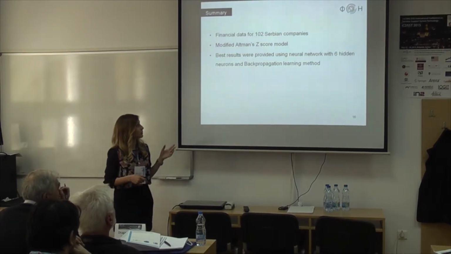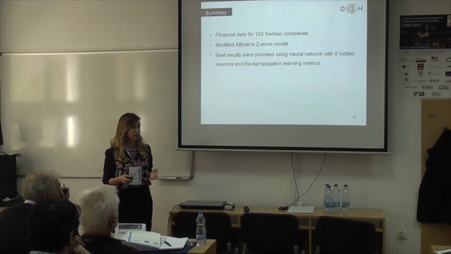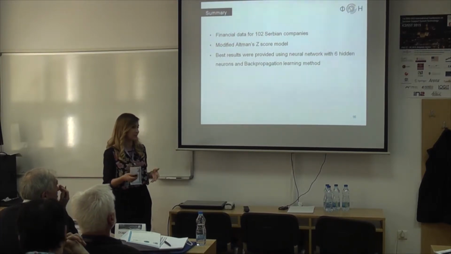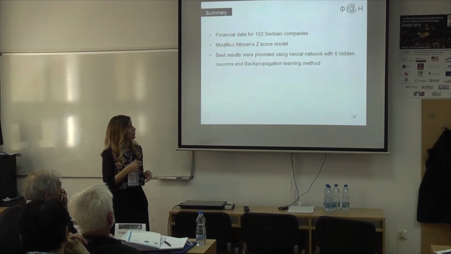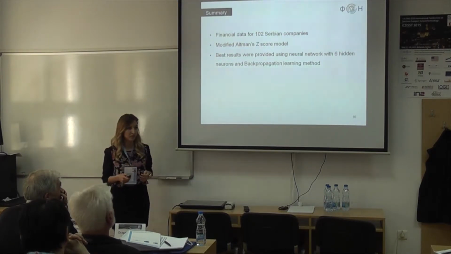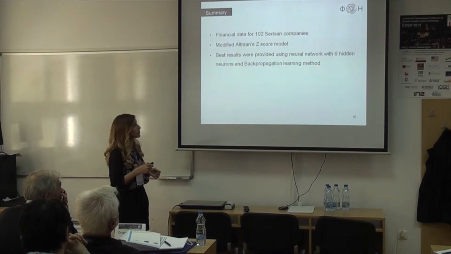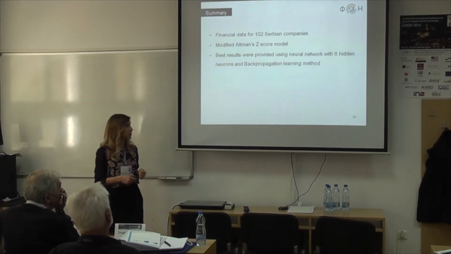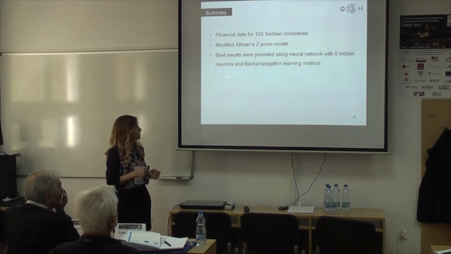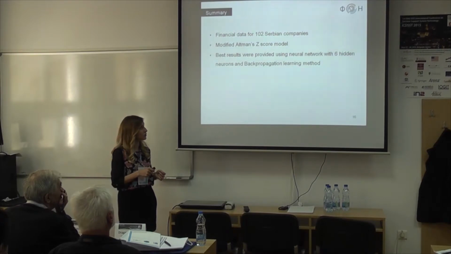But we had a problem with digital data and financial statements for companies, because we used digital data for the last 4 years and only that is currently available. After that, we modified Altman's Z-score model using AMPHIS and neural networks, and we got the best results by using neural networks with 6 hidden neurons and the backpropagation method.